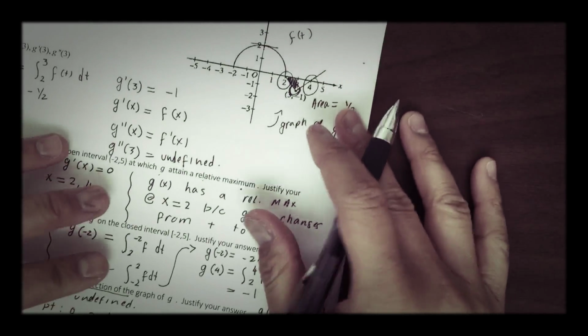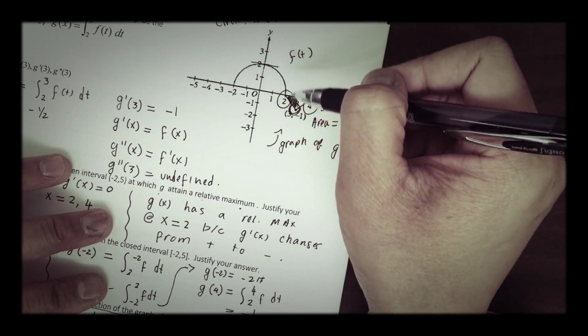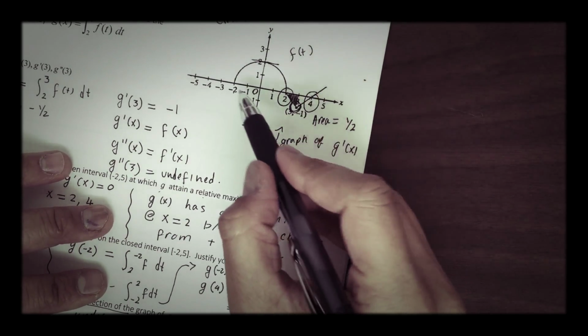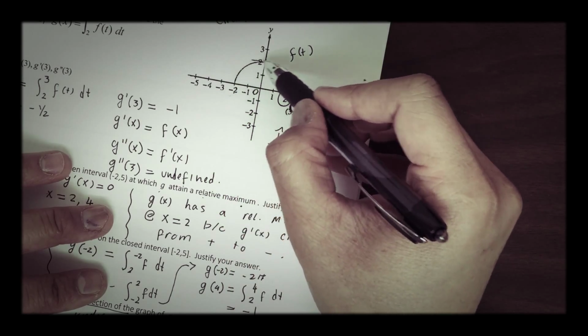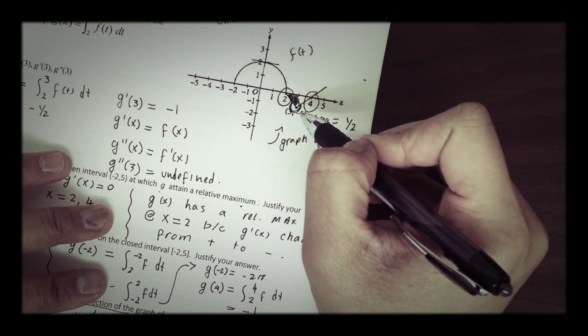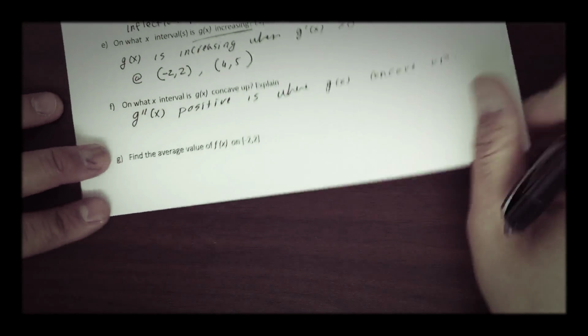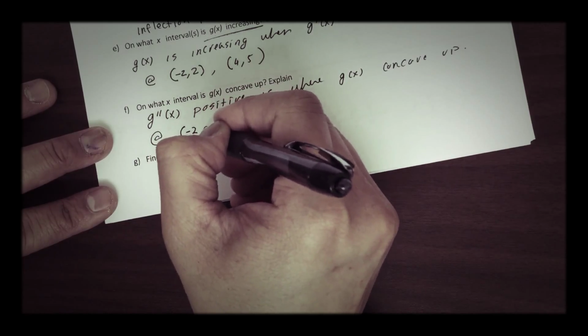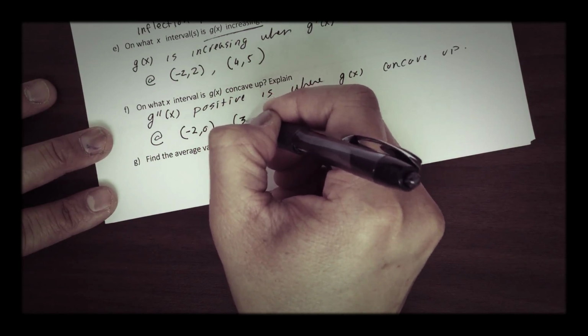Remember that g double prime is the slope of g prime. This is the graph of g prime. So g double prime is positive from -2 to 0 because the slope is positive, and also from 3 to 5. So the intervals are (-2, 0) and (3, 5).